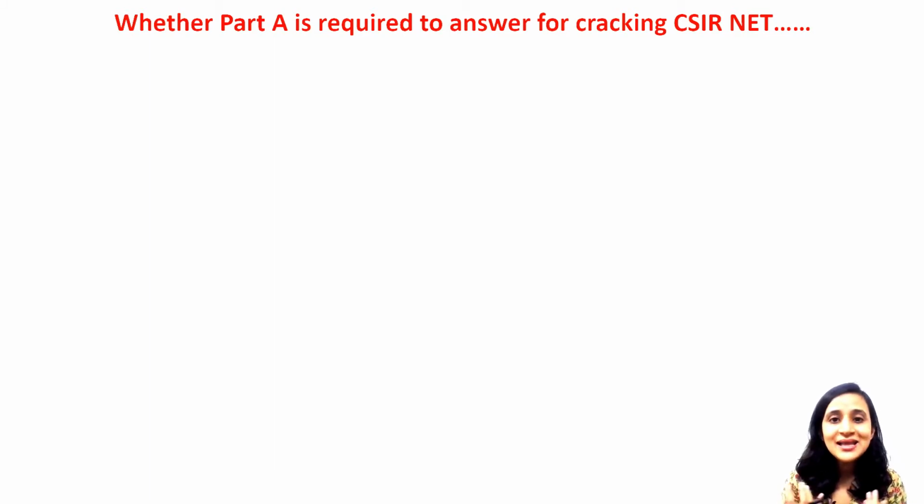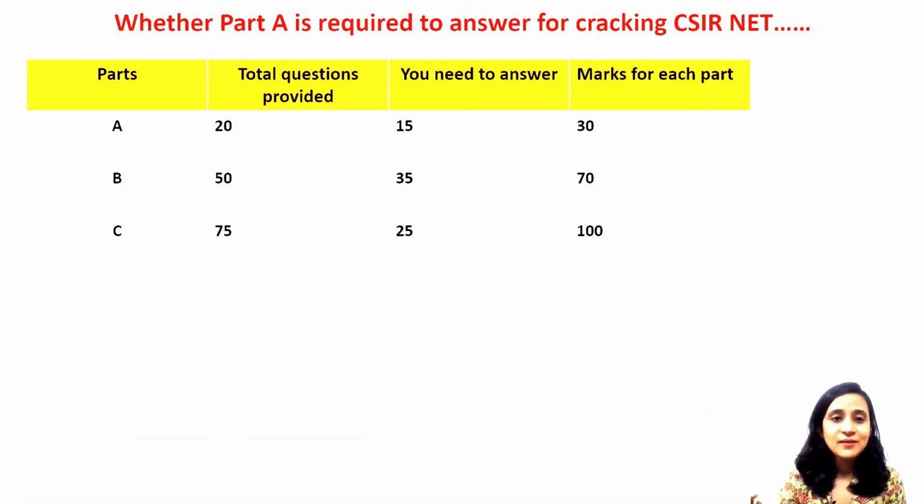Now here you can see the marks division. We have 3 parts here. In Part A you will get 20 total questions. In Part B you will get 50 total questions, and in Part C you will get 75 total questions.